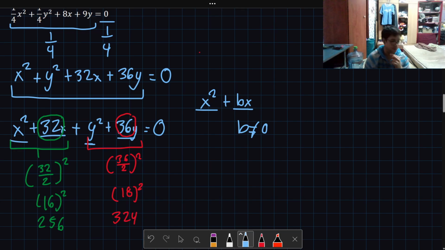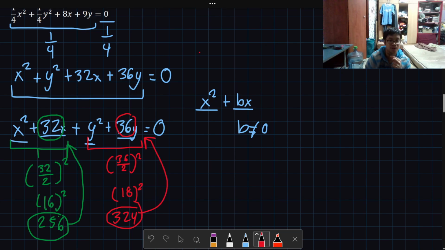So what are we going to do afterwards? For the x, where the result is 256, we're going to have plus 256 minus 256 beside 32x, while for the 324, you're going to have plus 324 minus 324 beside 36y.